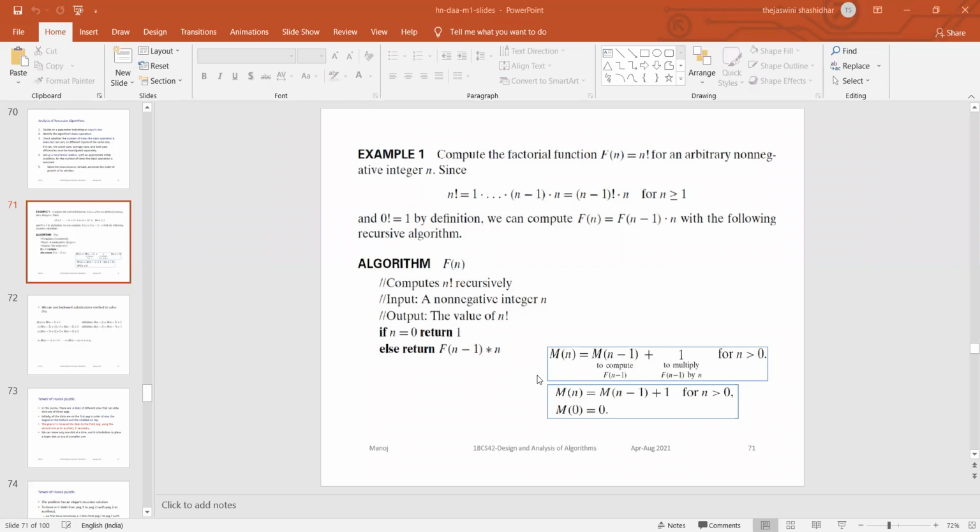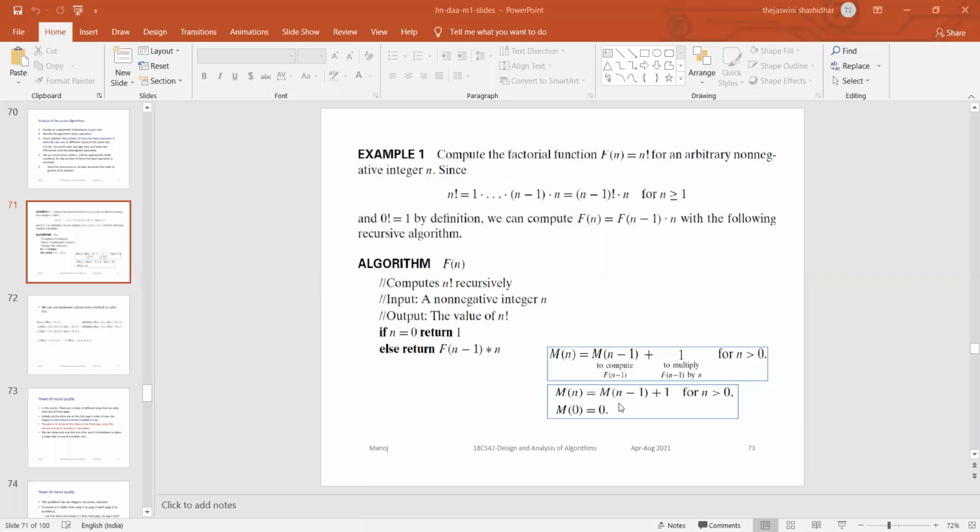Answer it here. So we are taking it as m of n minus 1 plus 1.